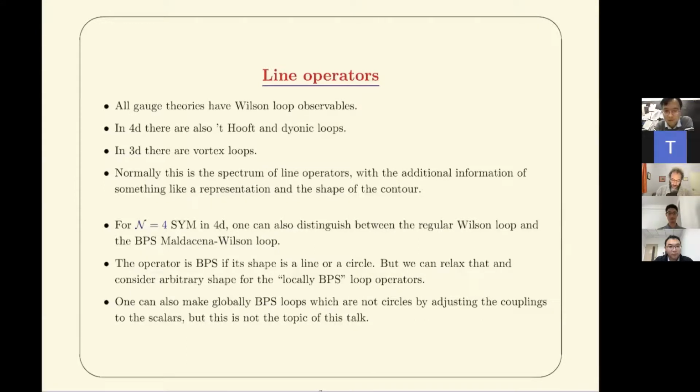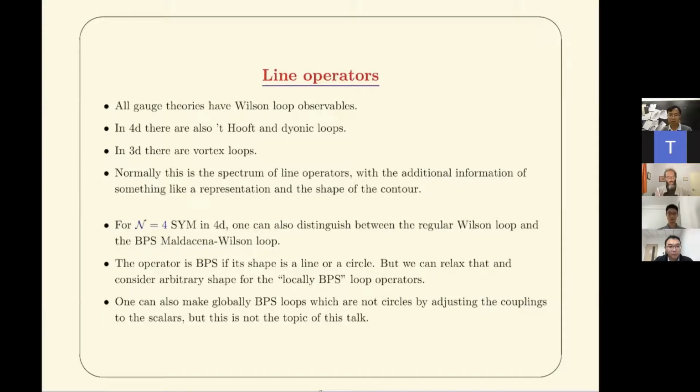Now, what may be familiar for people is that in N=4 super Yang-Mills, there is the Maldacena-Wilson loop, which includes a coupling to the scalar, and then there is the regular Wilson loop, which is not supersymmetric. So the Maldacena-Wilson loop is supersymmetric, BPS, if it is a straight line or a circle.